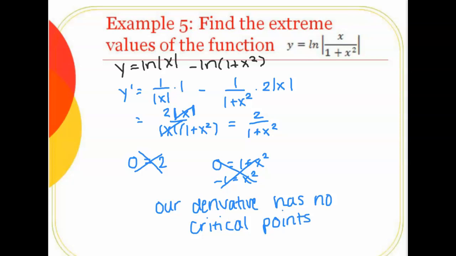Our derivative has no critical points, which means we have no potential extrema. So find the extreme values of this function. There are none guaranteed.